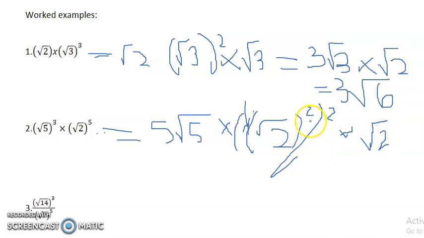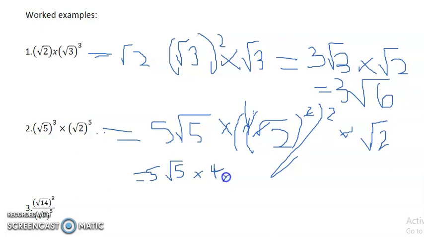Now, this squared cancels the square root here. And you are left with 2. 2 squared gives 4. So then, now you are having 5 root of 5 multiplying 4, then multiplying what?